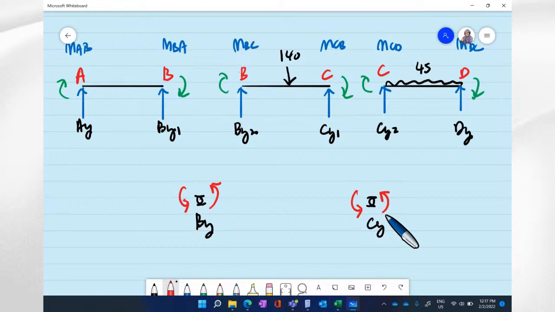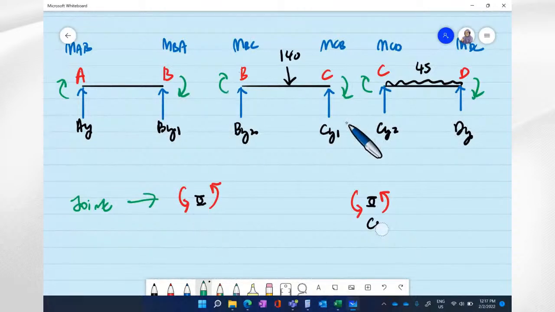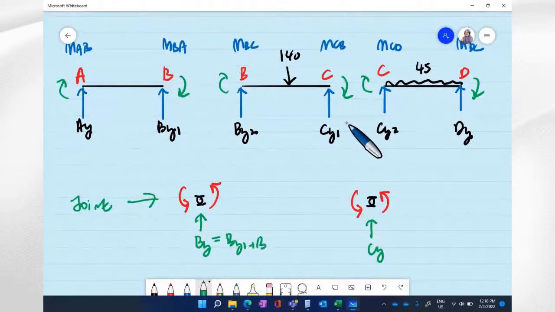Okay. This is for joint, and all this is for element. So this will be BY, and this will be CY. This BY is actually BY1 plus BY2, and this CY is equal to CY1 plus CY2.